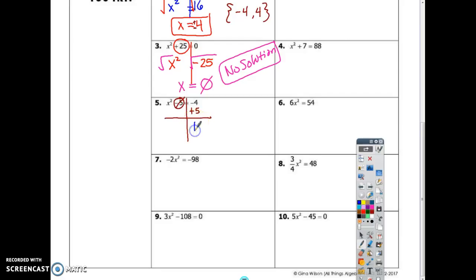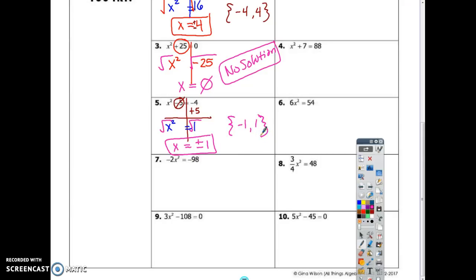Positive 1. X squared equals 1. So then we take the square root of 1. X equals plus or minus 1. So a negative 1 and a positive 1.